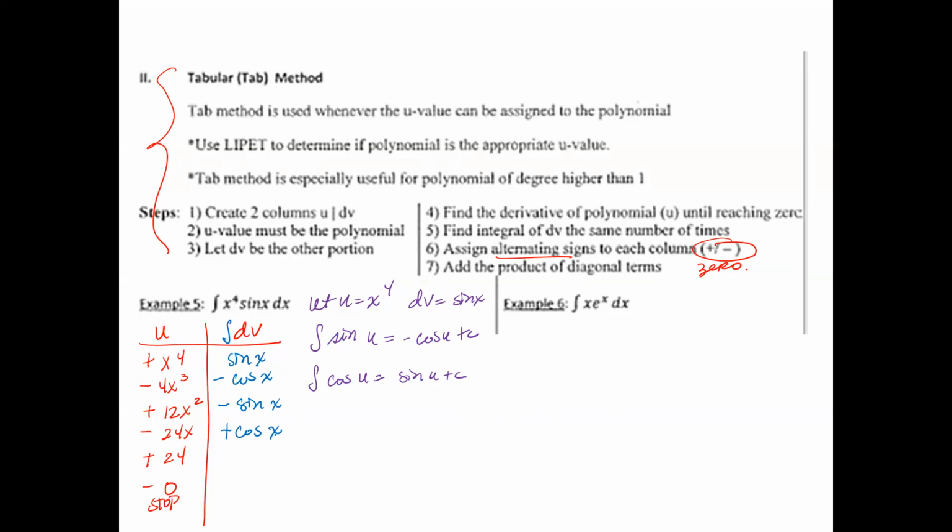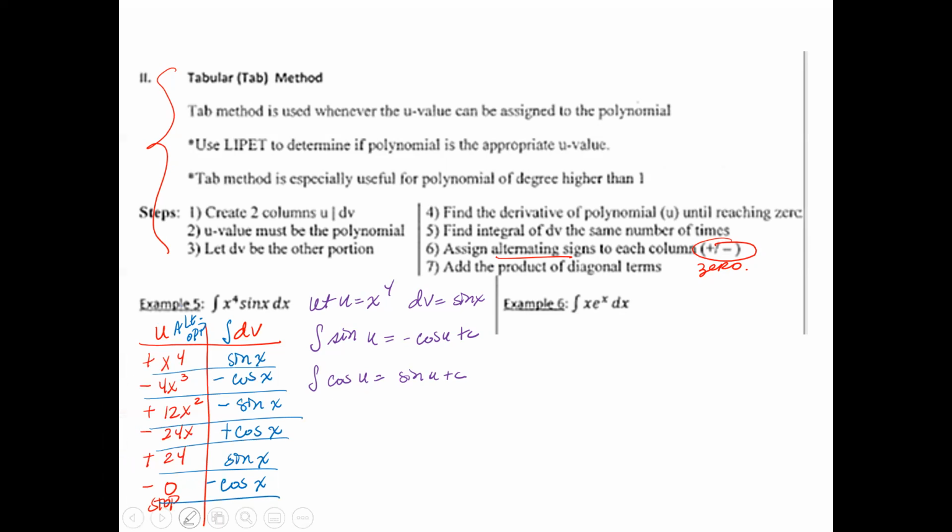Integral of cosine x is going to be a positive sine x. So with this one, make sure you do alternating opposites. And then integral of sine x, again, is cosine x, but with a negative. So you stop right there because, again, everything is aligned together.